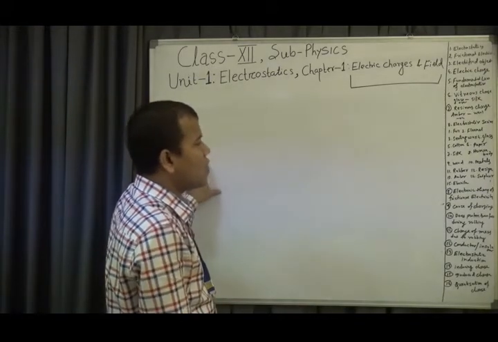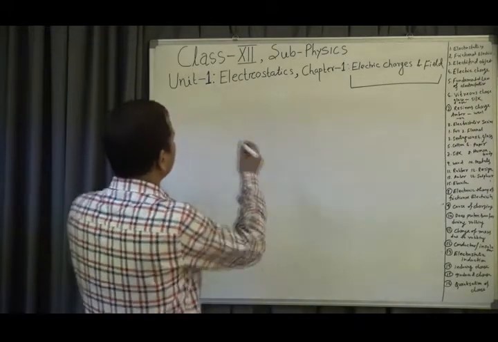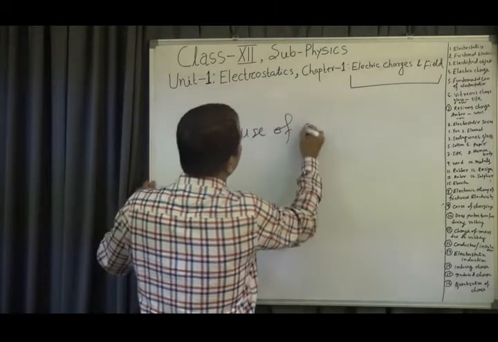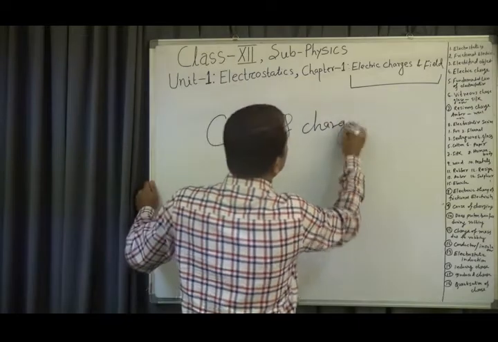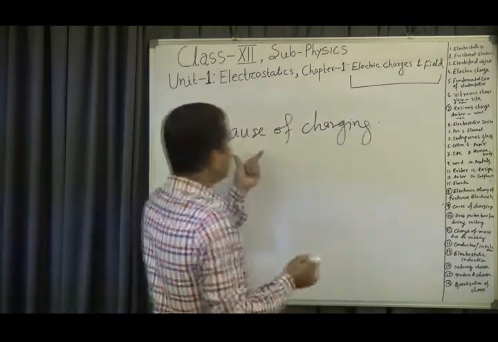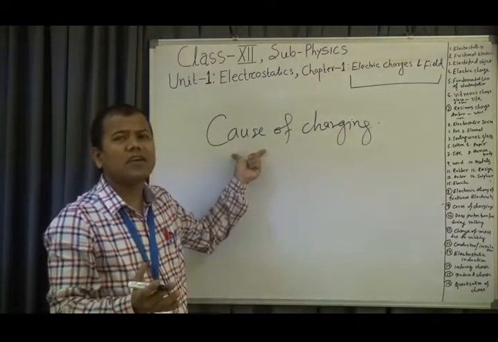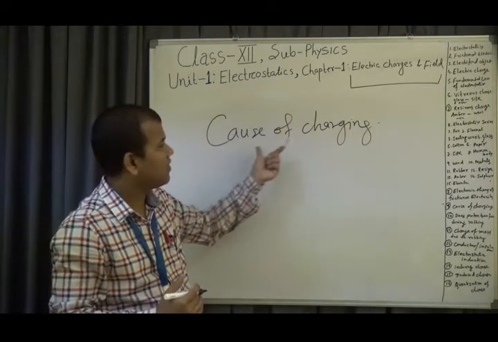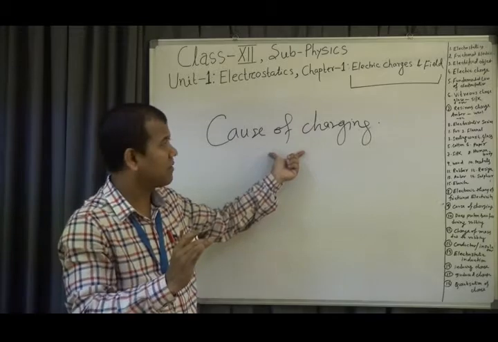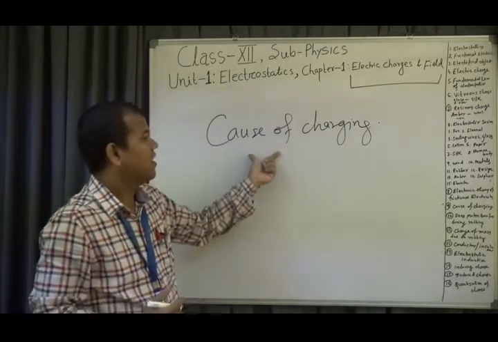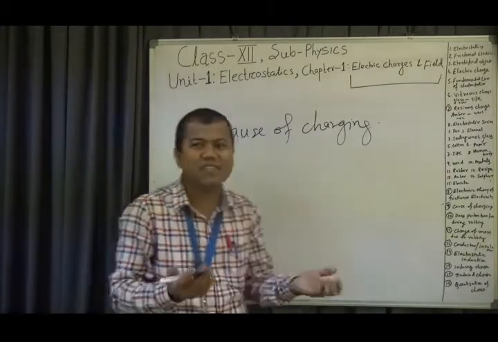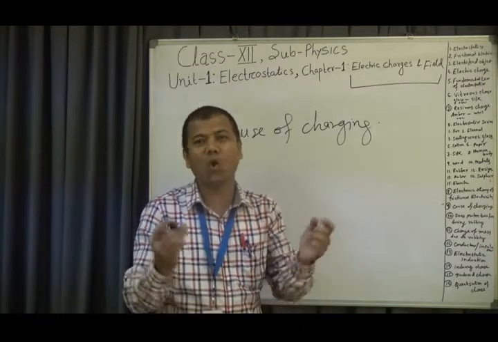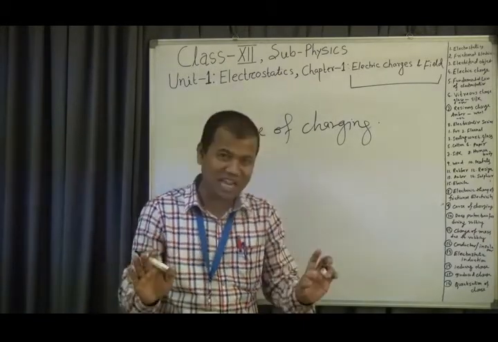Now, what is the cause of charging? Why does any object get charged? I told you that, but I am telling it again under another heading. The cause of charging is simply losing or gaining electrons, nothing else.